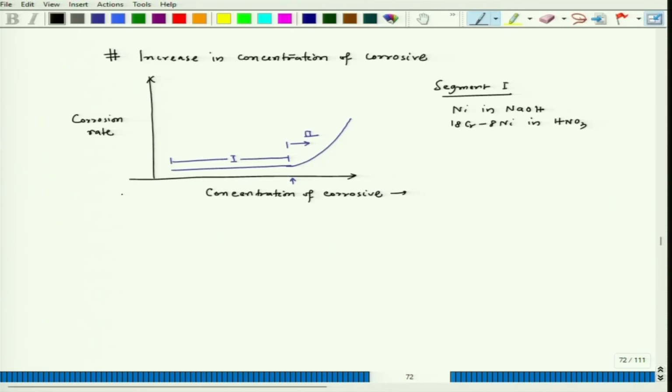And this particular thing is also related to the mixed potential theory. In brief, if we try to look at the mixed potential theory, this happens in case of active passive metal. So, this is potential voltage and then log I, ampere per centimeter square.